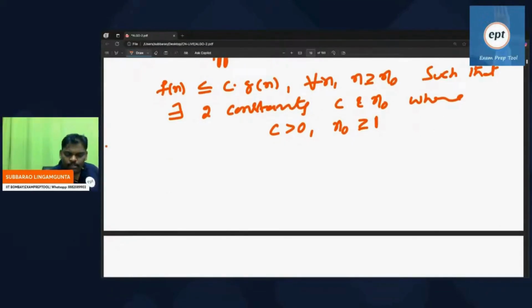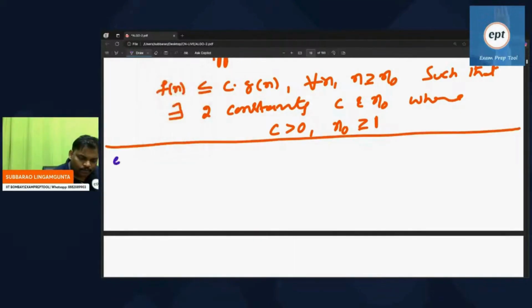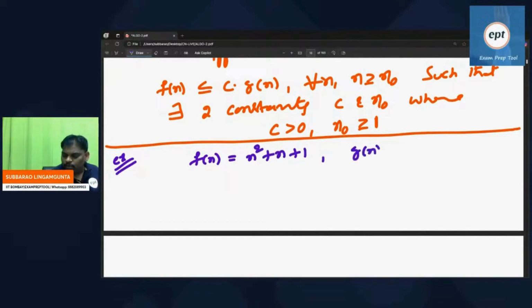First example. F of n is equal to n square plus n plus 1. G of n is equal to n square.